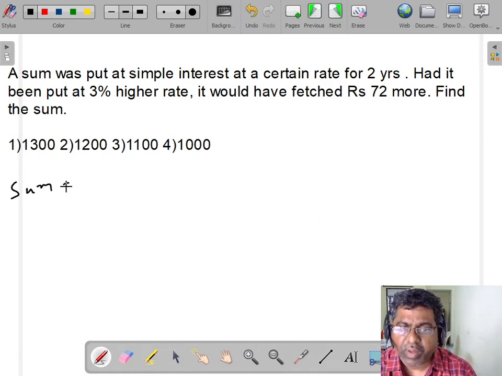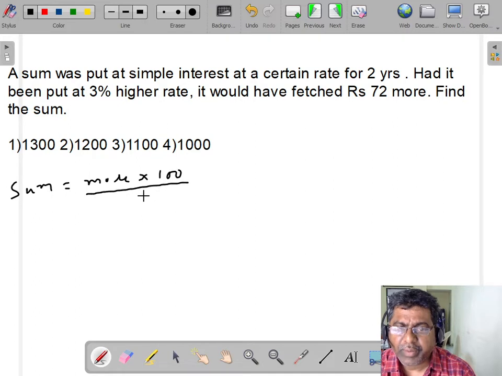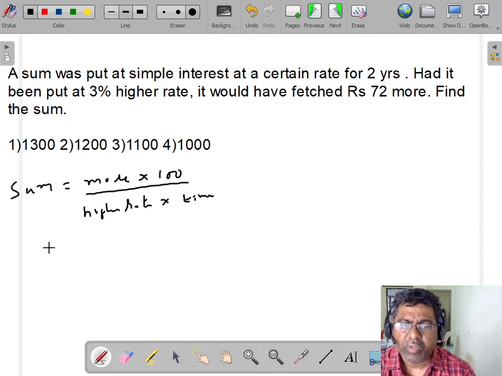Sum is equal to more into 100 by higher rate into time. This is the formula. So now apply all the values.